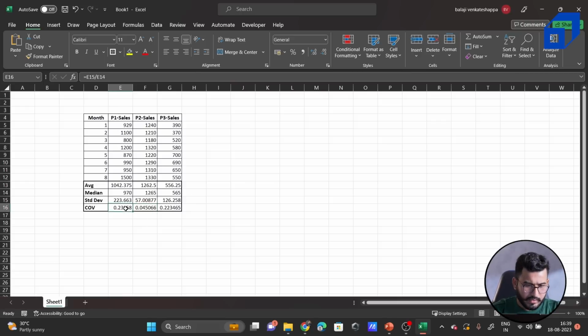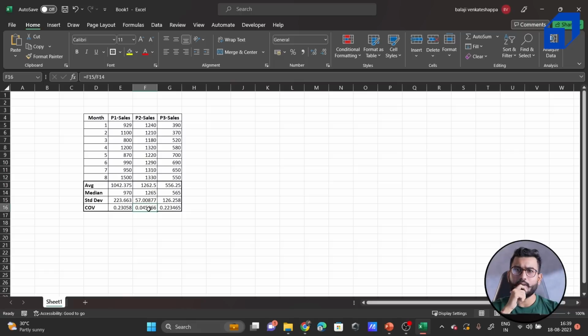Here you can see that the coefficient of variation is 0.23, here it is 0.22, but here it is 0.04, which basically means among all these three series, the lowest variation is with the sales of product number 2. Also, if you look carefully, the median and the average are very close to each other. Also, the average is highest among all the three products.